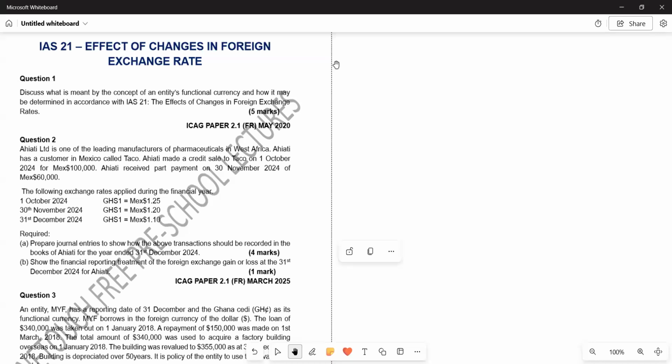You have to write everything that I wrote for you. You must state that in accordance. Okay, David. Functional currency is the currency with which the entity records its day-to-day activities, the currency used in preparing the daybooks.